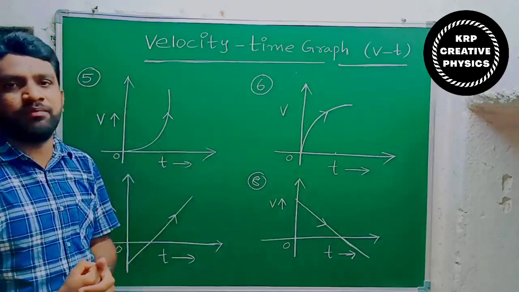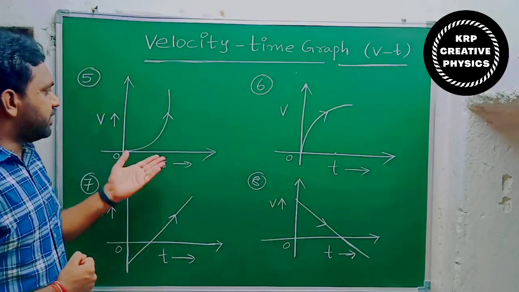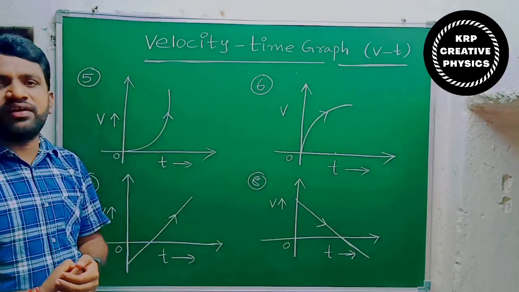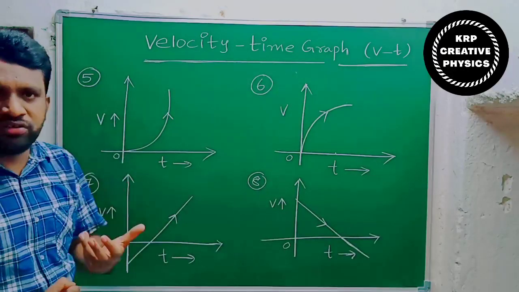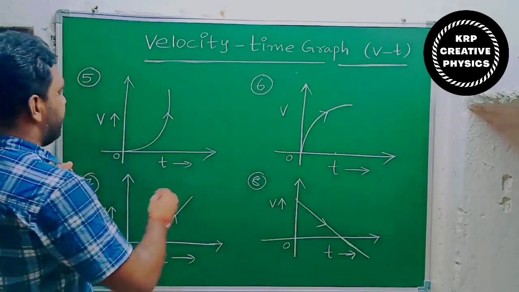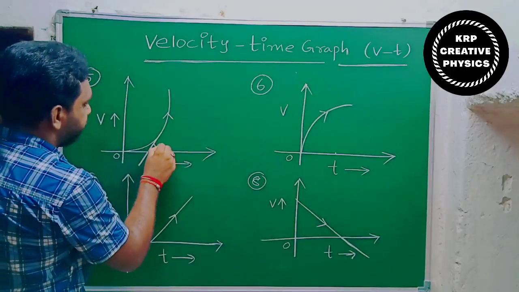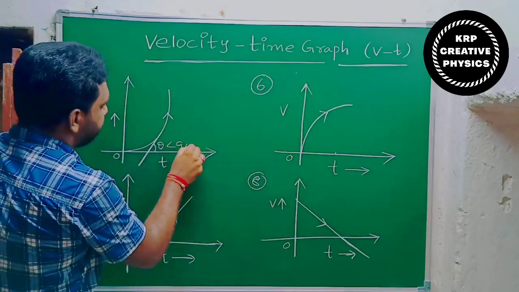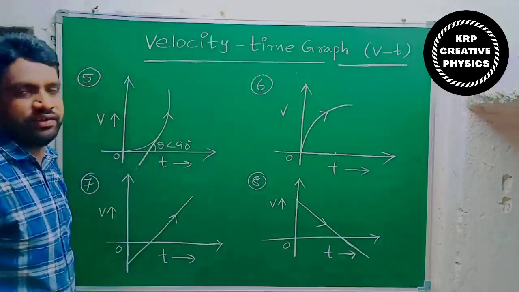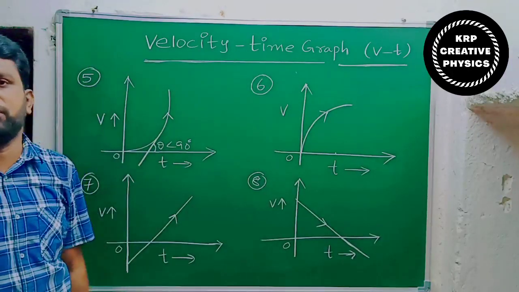So that means variable acceleration. That is what you should remember. And whether the acceleration is increasing or decreasing, that is what you should know. Whether it is positive or negative. Definitely it is positive. Why? If we consider the angle once again, theta is less than 90 degrees. So this slope is definitely indicating a positive value. That is what you should remember.